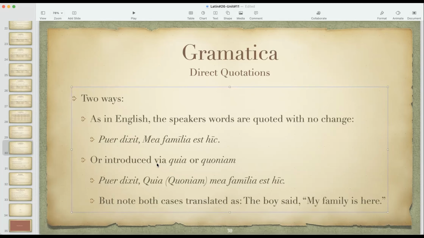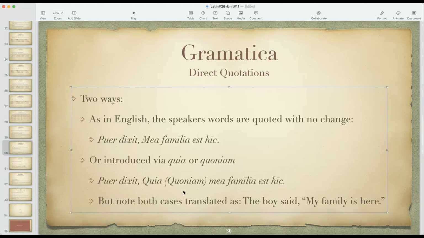Or you can introduce it via quia or quoniam. Puer dixit quia or quoniam mea familia est hic. When I read that in the book, you just ignore that word and just recognize it as saying there's a quote coming next.